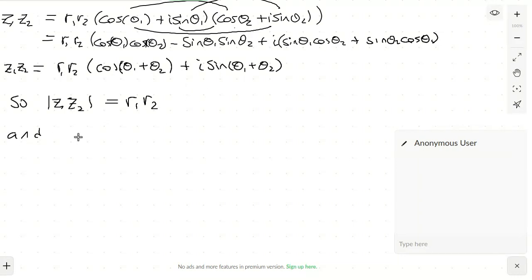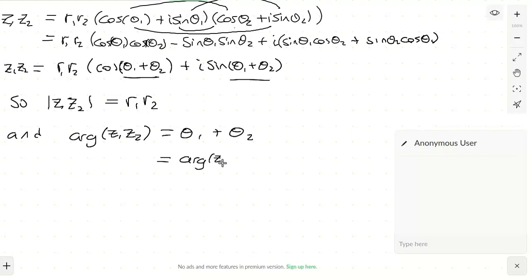And the argument of z1 z2? We can just look at the argument here. There it is. That's the argument of this complex number. It's just theta 1 plus theta 2, which equals the argument of z1 plus the argument of z2.